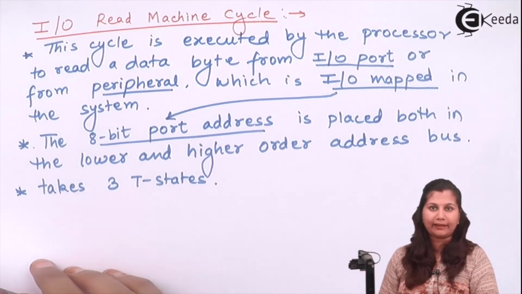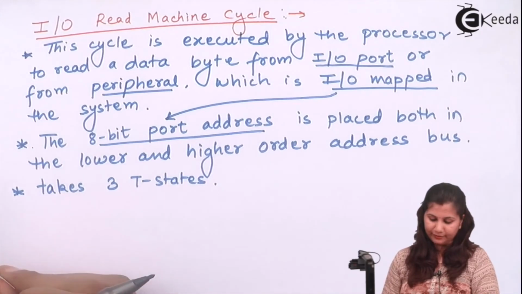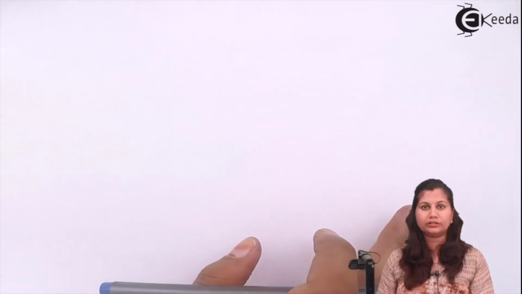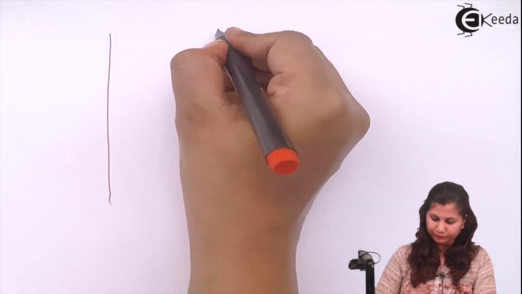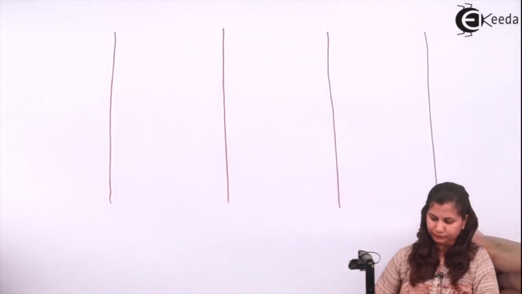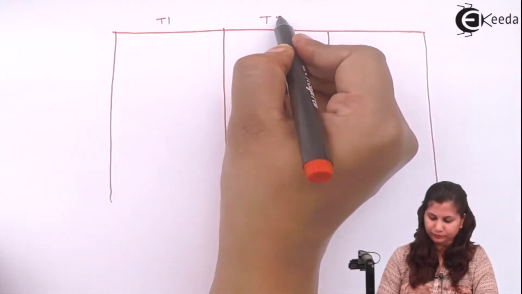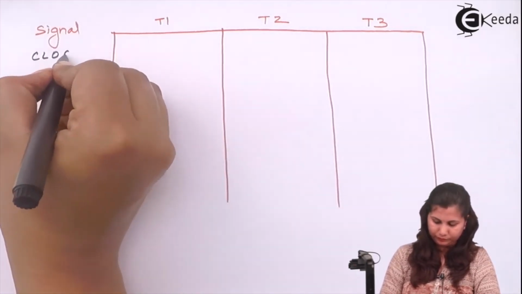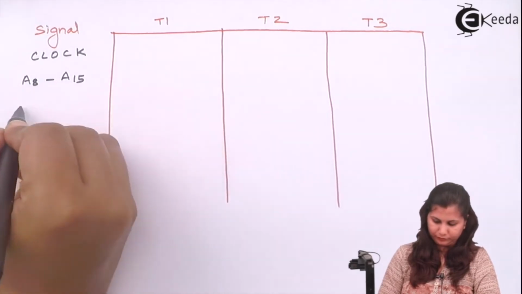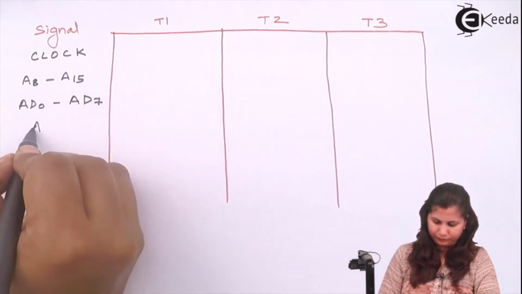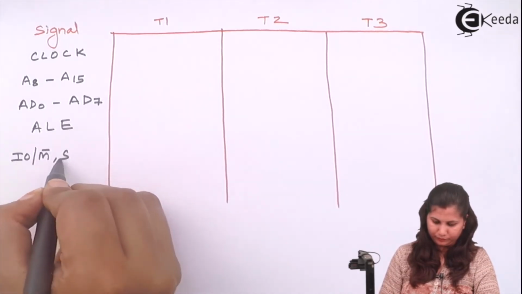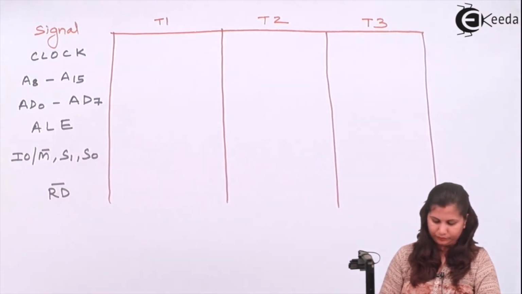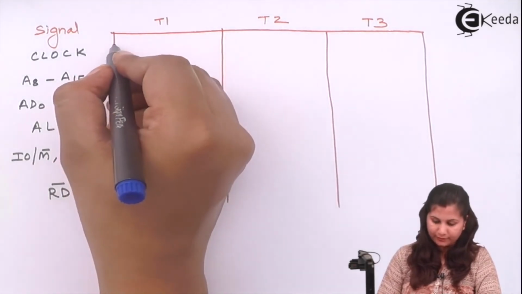So let's see the timing diagram for this input output read machine cycle. As it requires 3 T states, we will draw 3 T states for it. Again, we have the clocks here.